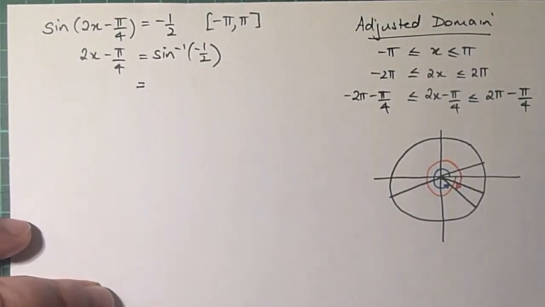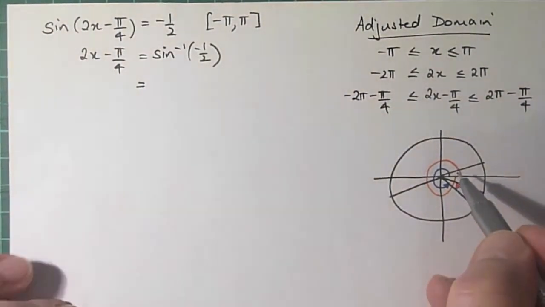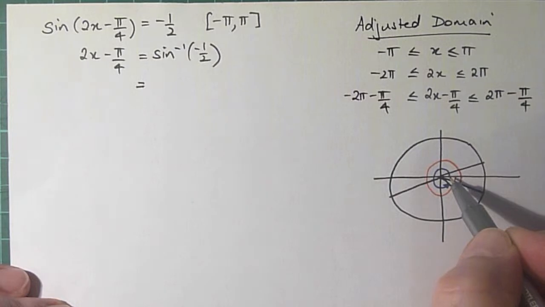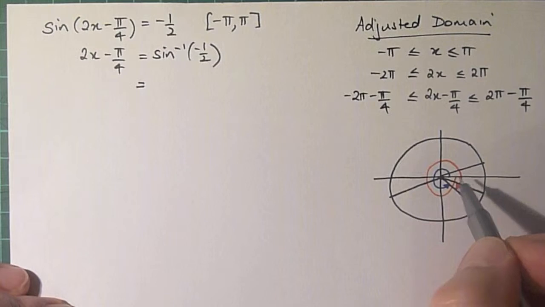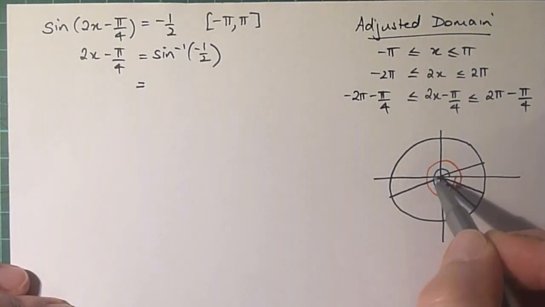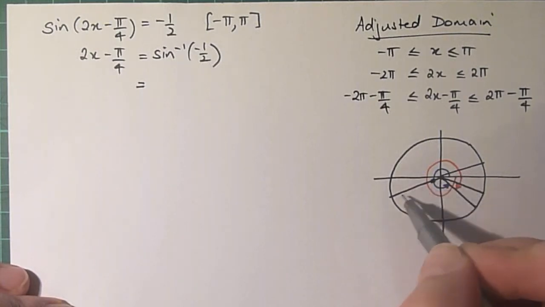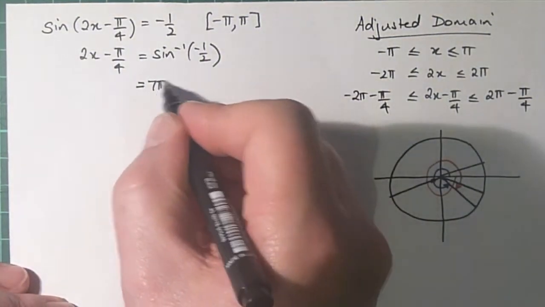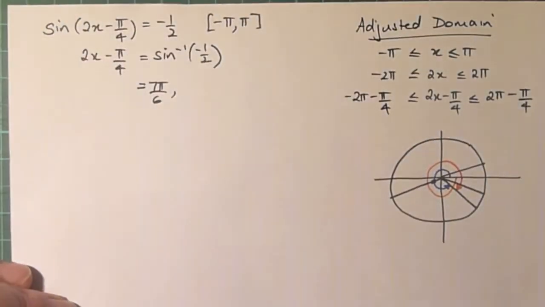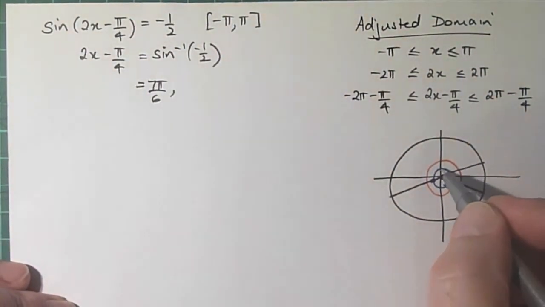Let's go around the positive unit circle in the positive direction, so that's anti-clockwise. This first one is not a solution because it doesn't yield negative a half, it gives us a half. So the first time we get negative a half using sine is here, and that represents 7 pi on 6. So here's our first solution, 7 pi on 6, going around in the positive direction.